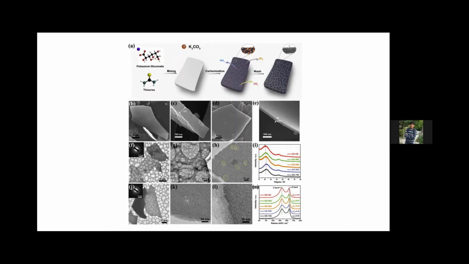They use potassium gluconate and thiourea, which is the doping reagent and the main carbon source, mix it and carbonize, and then they get a doped porous carbon. As we can see from the TEM, you can find good pores, which are much more applicable and desirable.